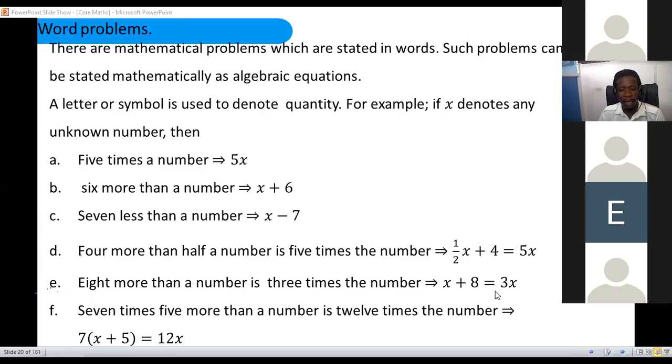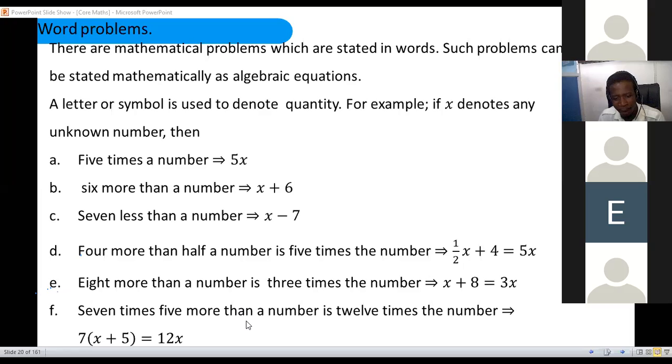Then the next one is quite complex anyway, but I know you can do it. It's simple for you. 7 times 5 more than a number is 12 times the number.